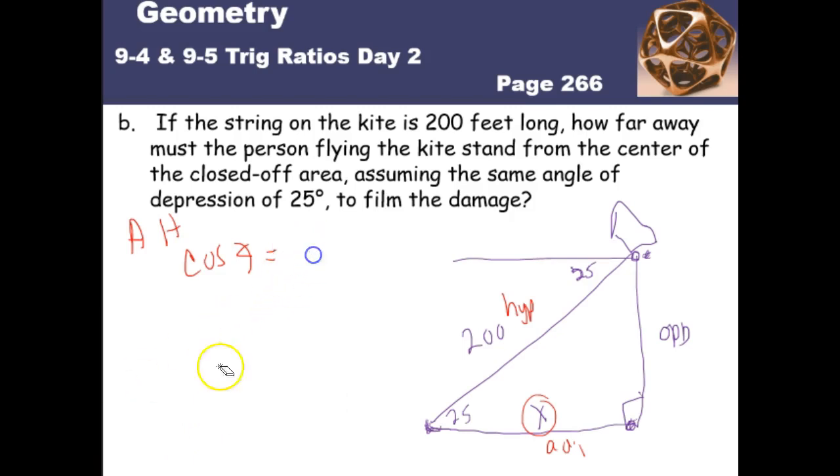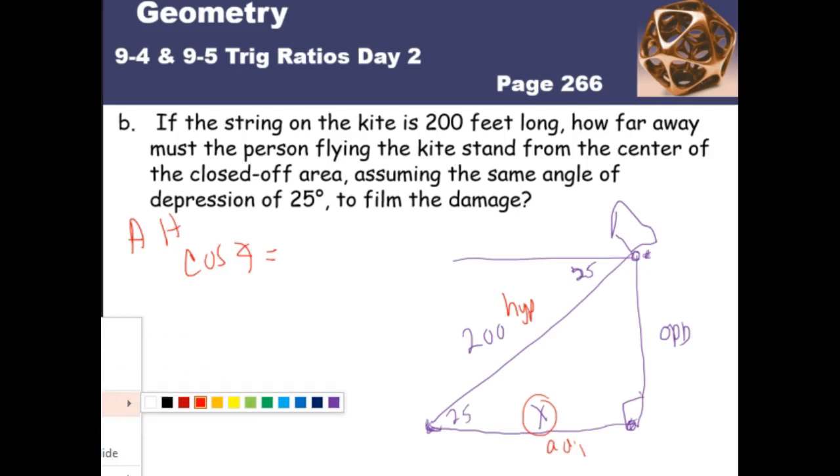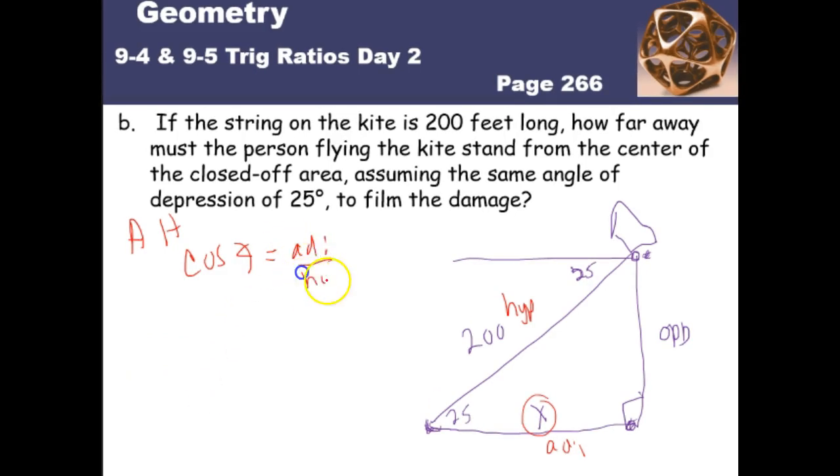So adjacent over hypotenuse. So the cosine of 25 is equal to x over 200. So cross multiplying, I get x equals 200 cosine 25. I'm going to plug that into my calculator, and that will be my answer.